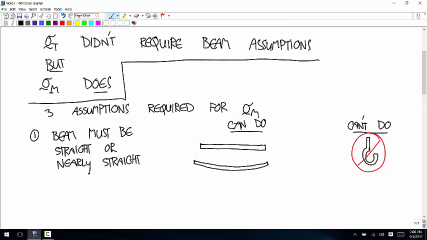I'm not going into the derivations of these formulas we're going to use, but the derivation depends on things that would not hold for this hook. So you can't use this technique to calculate the stress due to bending moment in this hook, but you could do it for something gently curved or straight.